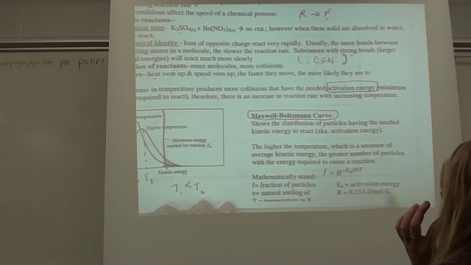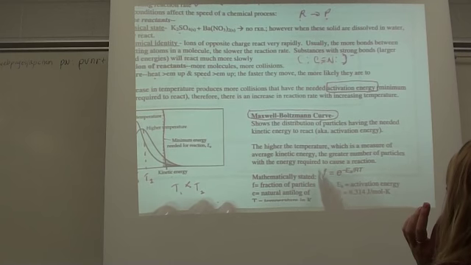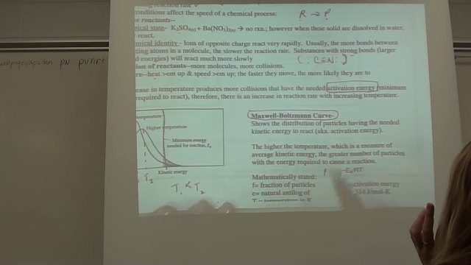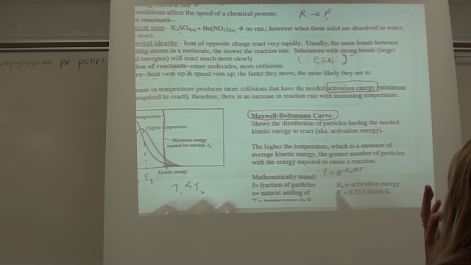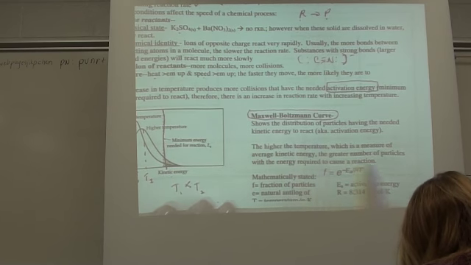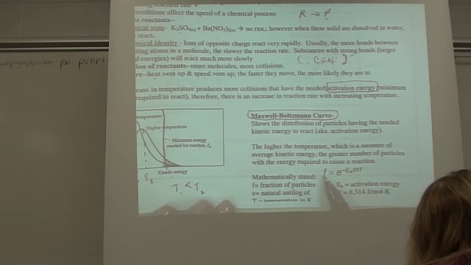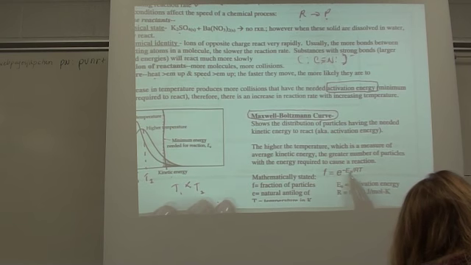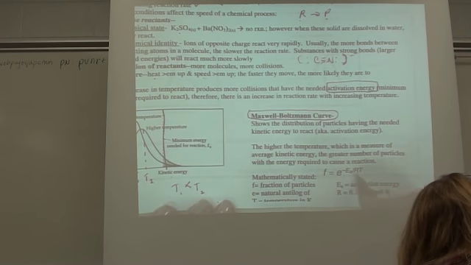Now, you can do some really nasty math. Here's the really nasty math to prove the Maxwell-Boltzmann curve, or you could just say the curve is shifted to the right, which means that there are more particles that have the minimum energy needed for reaction. F is the fraction or the frequency of particles. E is the natural base. EA is the activation energy.